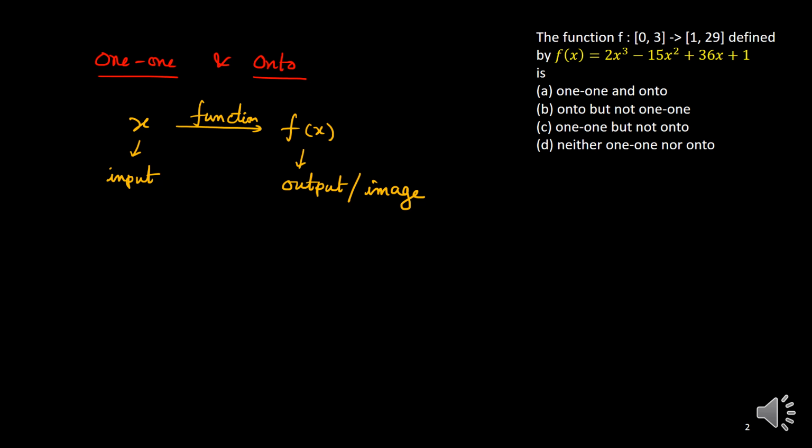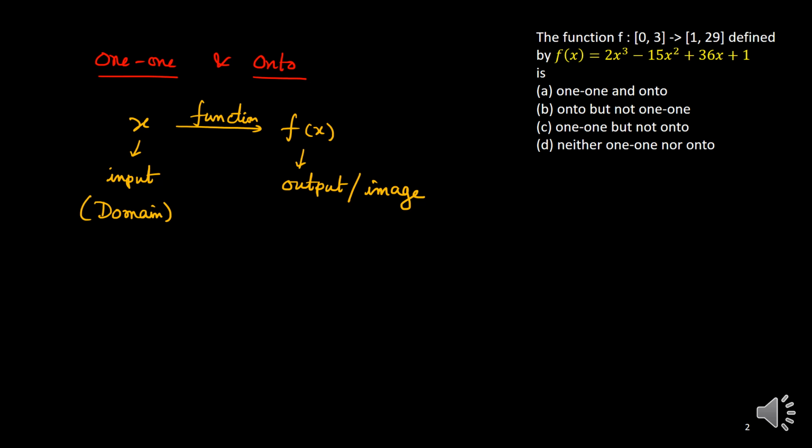Now when this function will be 1-1 and when the function will be called onto, that we need to understand. This x, this input, in general is called the domain. Domain is basically that interval of input for which the function f of x is completely defined. That interval is called the domain of the function.